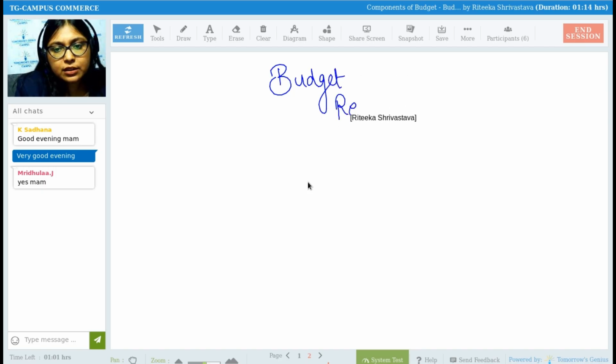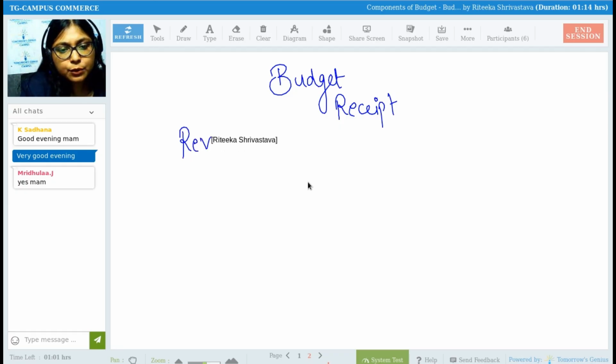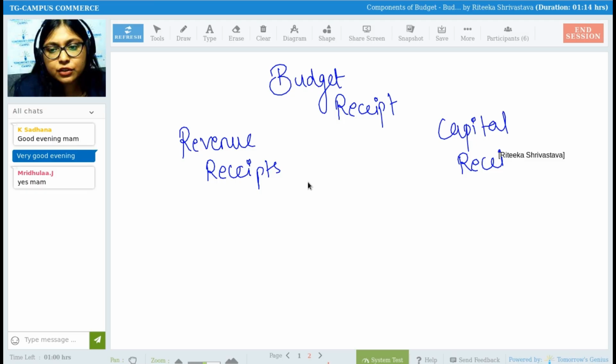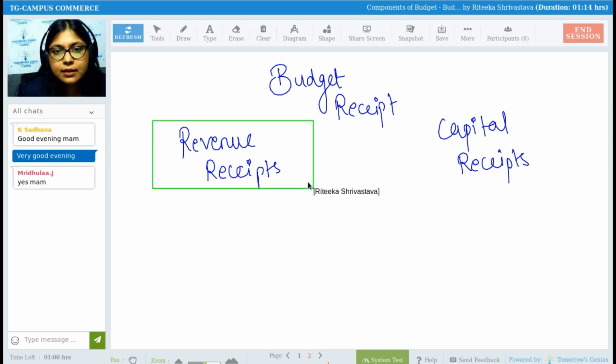So budget receipt was divided into two parts. That was revenue receipts, and capital receipts. Out of which we have completed everything related to revenue receipts.